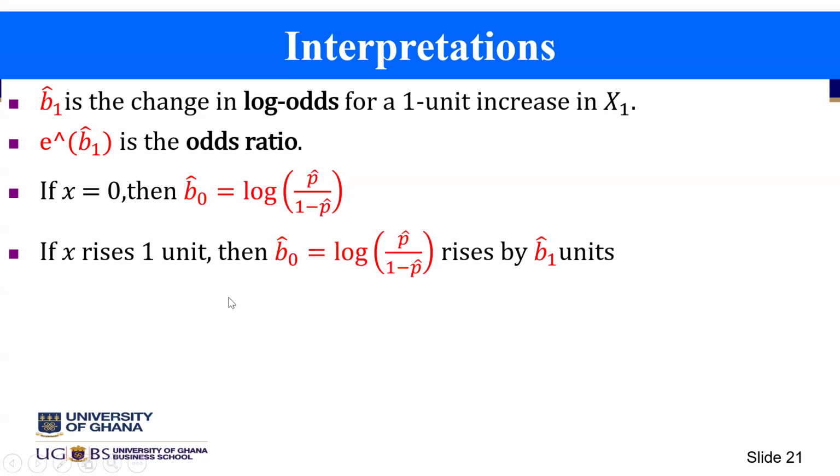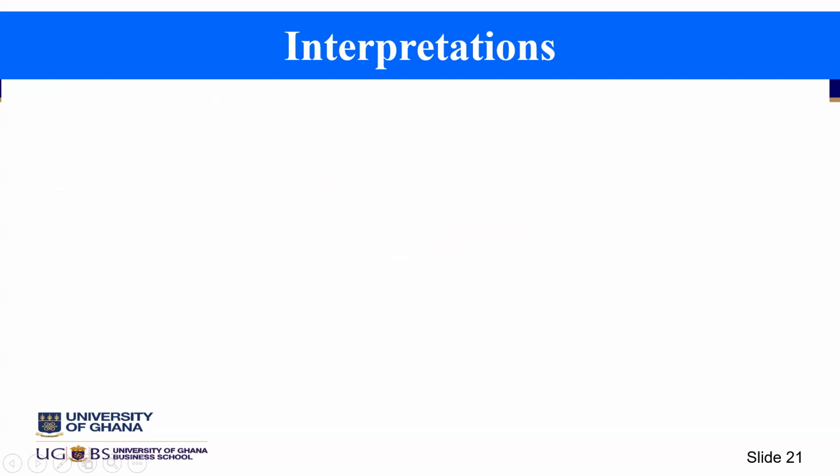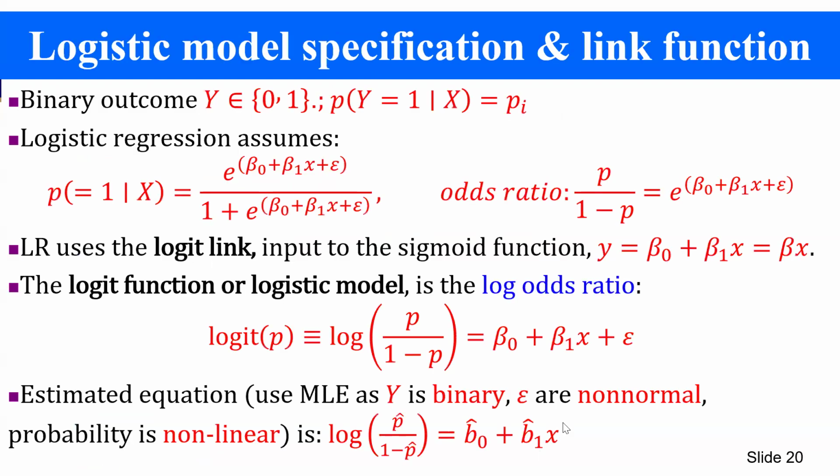It means that if x moves from 0 to 1, then the beta naught will be equal to what it was before, but it will rise by beta 1. Because watch it. If x is 1, then the only thing left inside the beta 1 cap x is what?